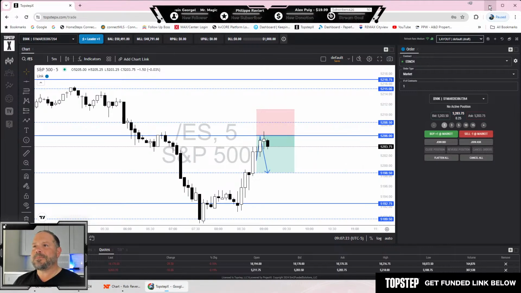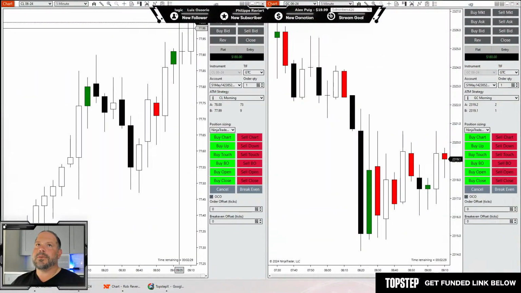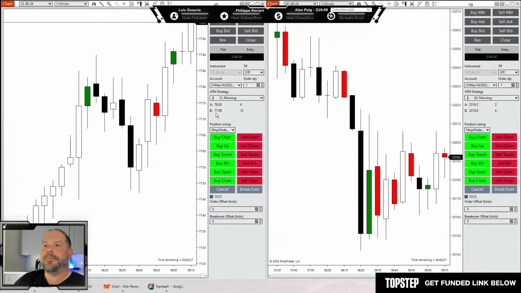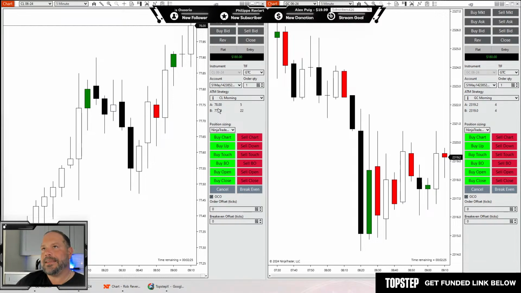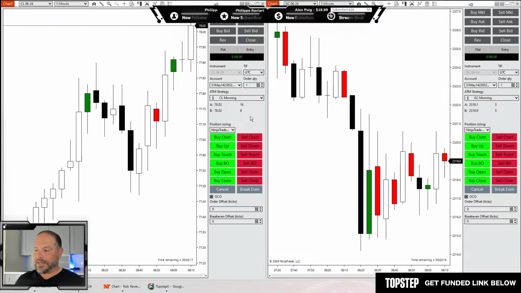The only part about the oil inventory report that I don't like is that if it goes in the opposite direction, typically you not only take your stop loss, but it's also going to give you a ton of slippage.